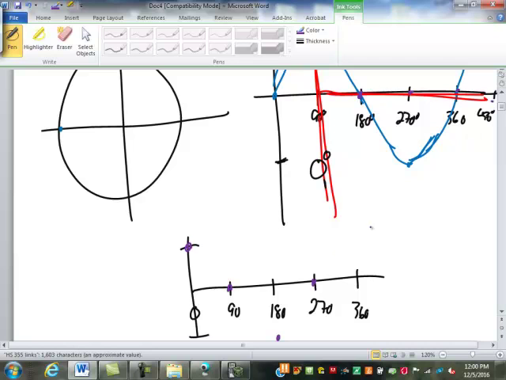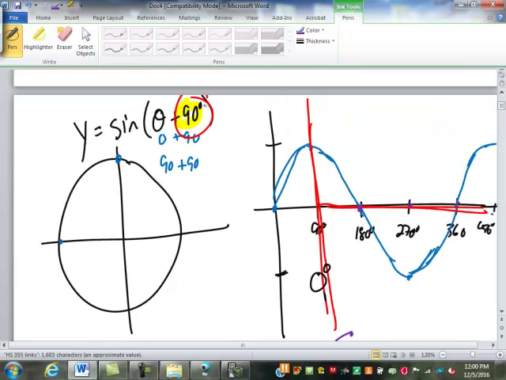Then this would be the same as 450. It's easy to remember that this shifts it over 90 degrees. The tough part is remembering what direction it shifts it. So I always just sketch out the graph as though there was no shift. And that 90 degrees, if it's a +90 degrees, it's telling me the 0 point has to go where the 90 degrees would be on the standard graph without the shift.